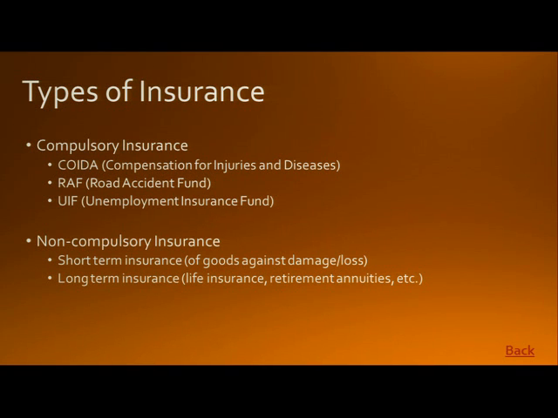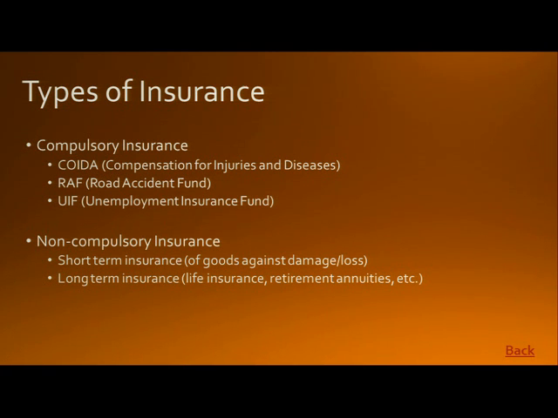The first part is compulsory insurance. Now, if you're a South African, you pay compulsory insurance. Everybody is obligated to pay it. It's a national thing. It's governed by an Act, meaning it's governed by legislation. It's something that everybody has to pay, especially business, because we are, in fact, busy with business studies.